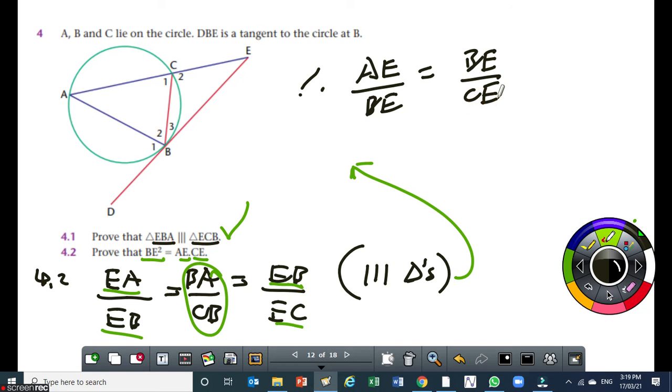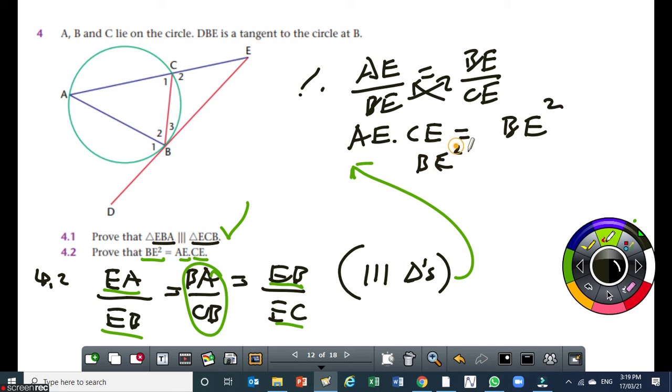Then I'll cross multiply. If I cross multiply, that's how you can create the BE squared. So I'll get AE times CE, which is equal to BE squared, which I can rewrite as BE squared is equal to AE times CE. And then you are done.